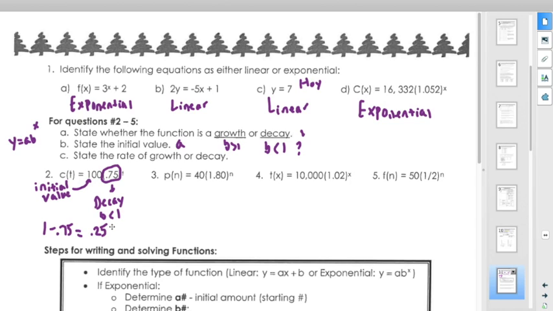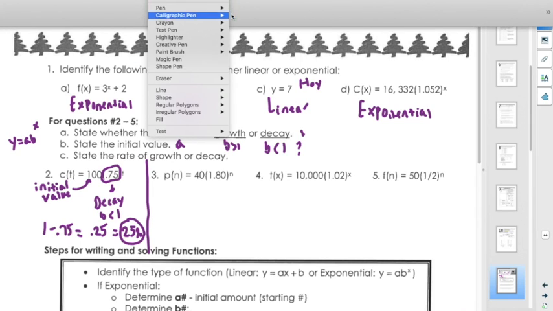And what is 0.25 as a percent? That's 25%. So there we go. We did all 3 parts. Let's try this next one.